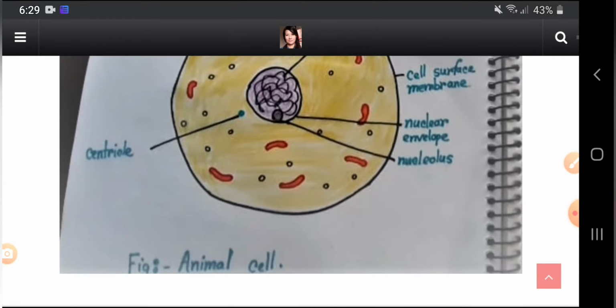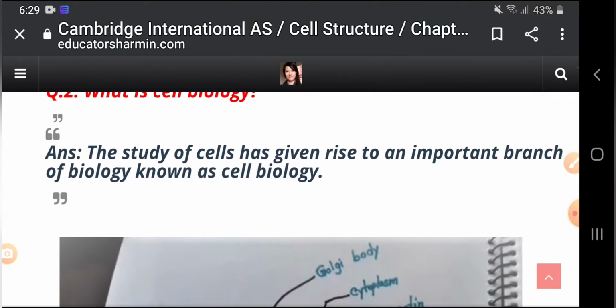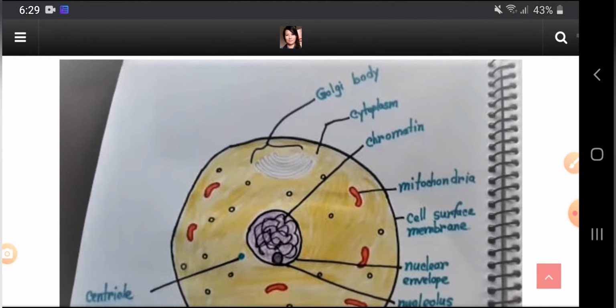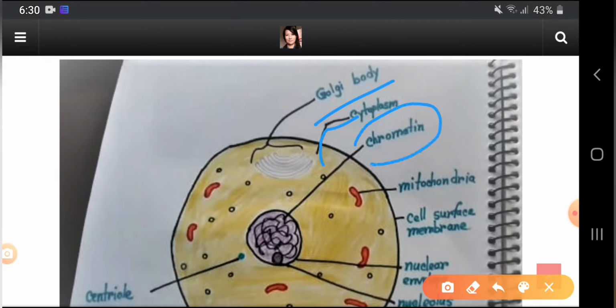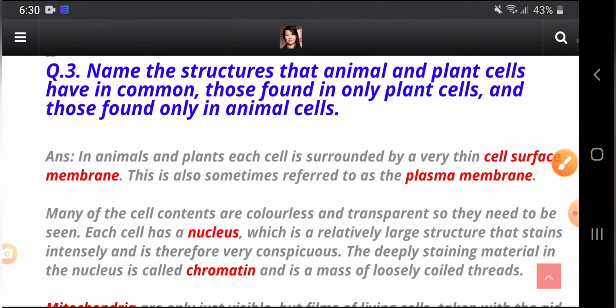This is an animal cell. Here is the Golgi body, cytoplasm, chromatin, mitochondria, cell surface membrane, nucleus, and here is a centriole. All right, so this is an animal cell.